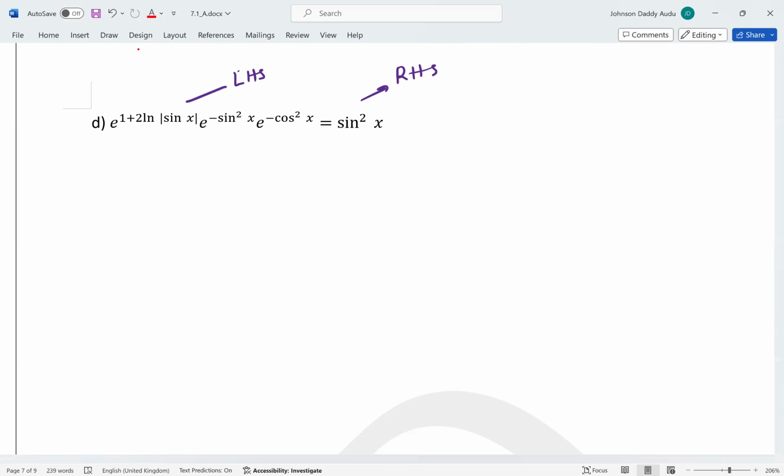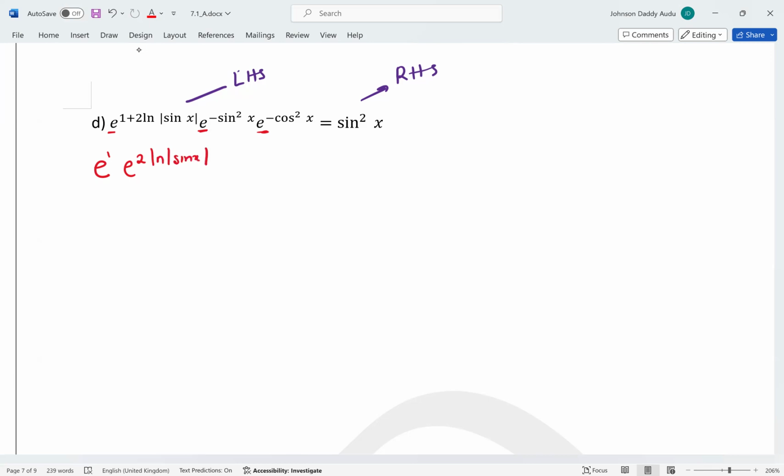If you look at this one, all these are the bases, e, e, e. And the first thing that is clear is that we can always combine. We can write these as e to power 1 and e to power 2 ln of sine x.